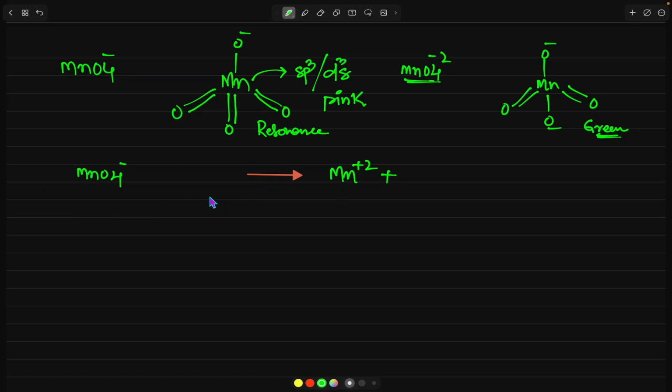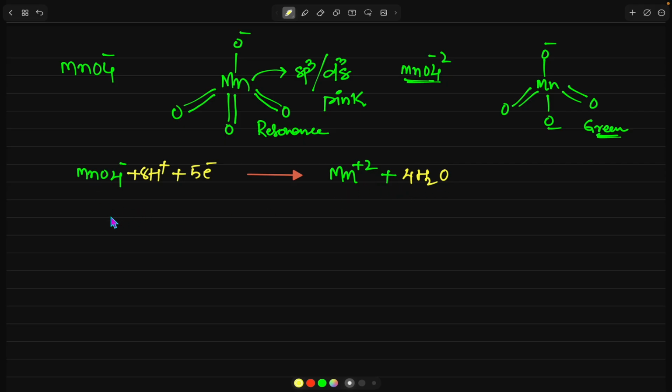You have 4 oxygens, so I add 4 H2O here, then I write 8 H+, then I go for charges. How many electrons are required? Here it is +2 and +7, so 5 electrons are required. So MnO4 - takes up 5 electrons and is converted into Mn 2+.